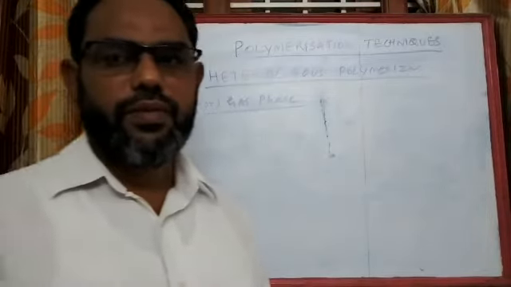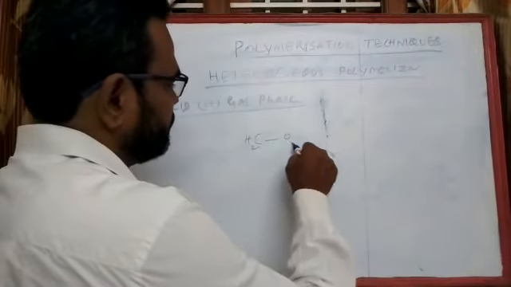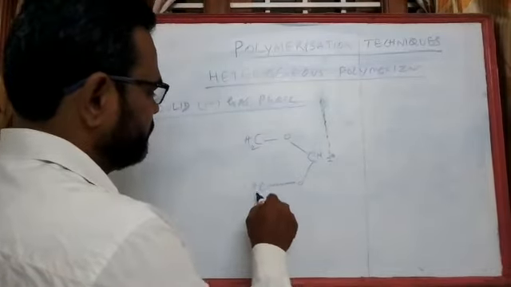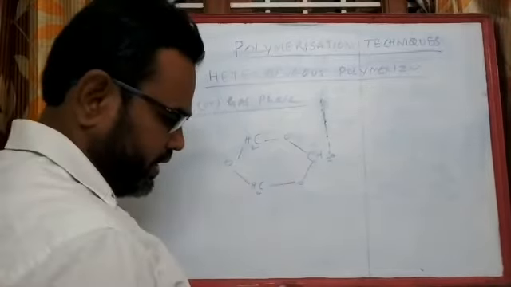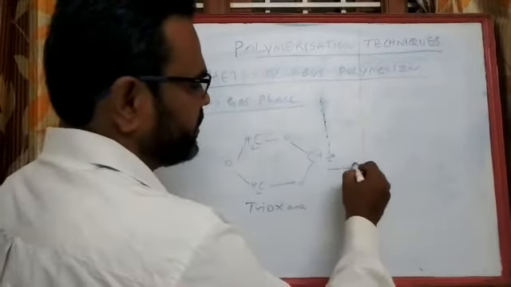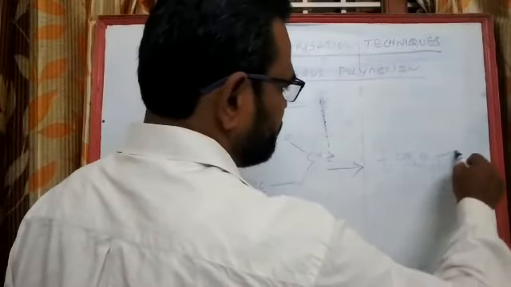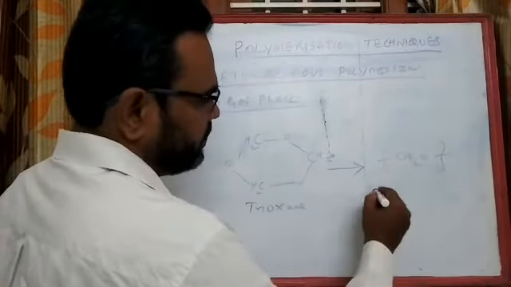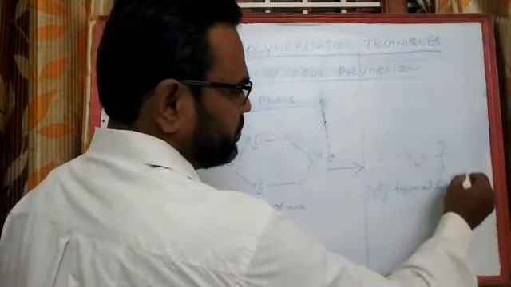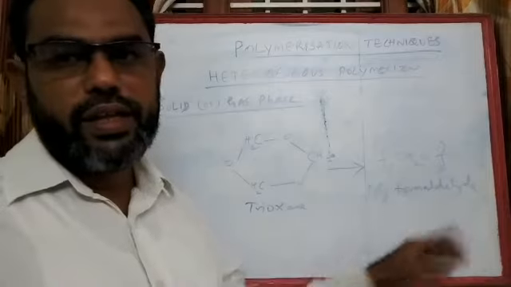An example of solid polymerization is trioxane. Trioxane upon polymerization gives polyformaldehyde.